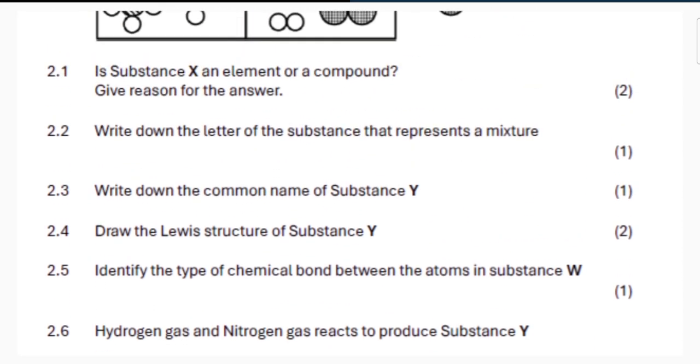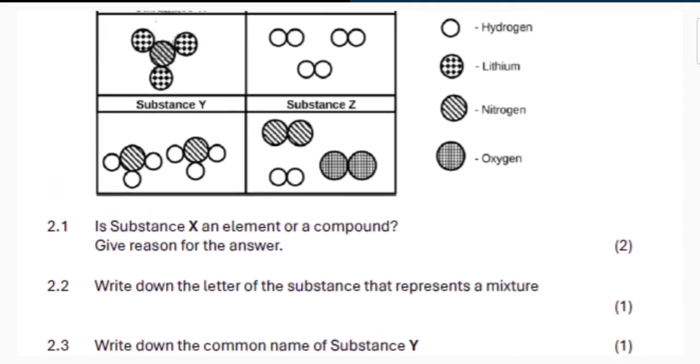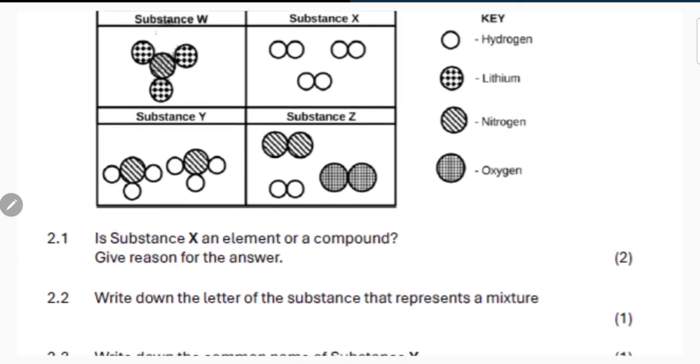Let's look at 2.3. Write down the common name of substance Y. Can we try substance Y? We have nitrogen and hydrogen. This nitrogen is surrounded by how many hydrogens? 1, 2, 3.